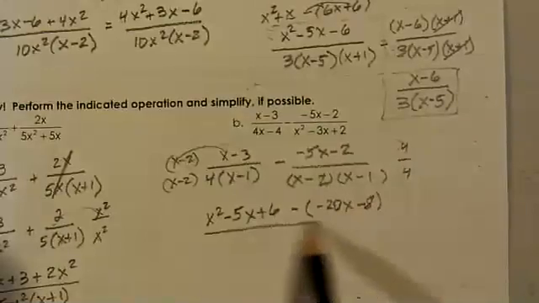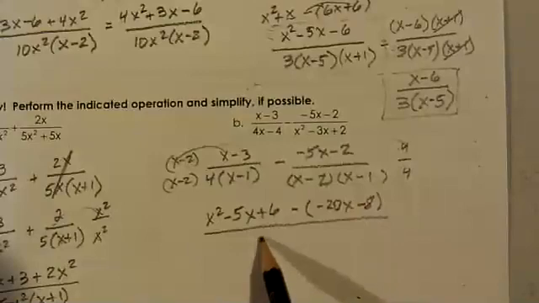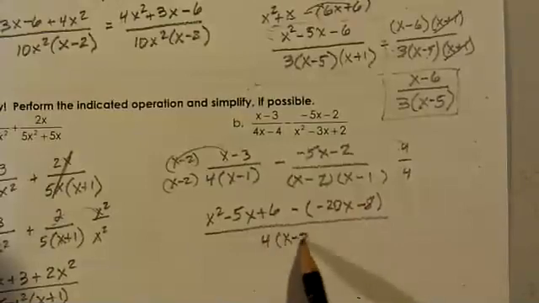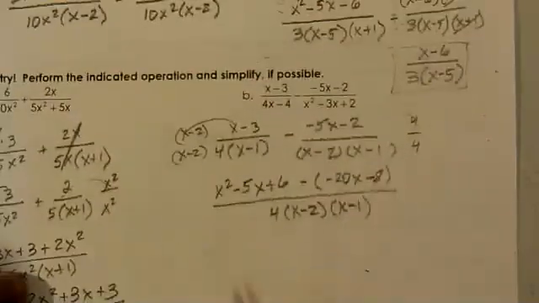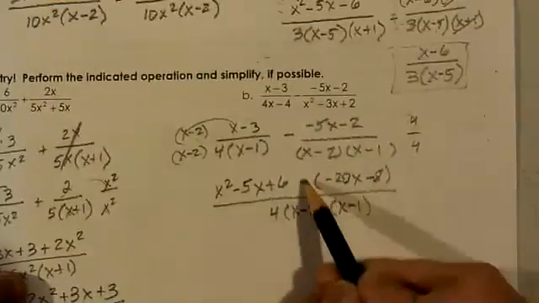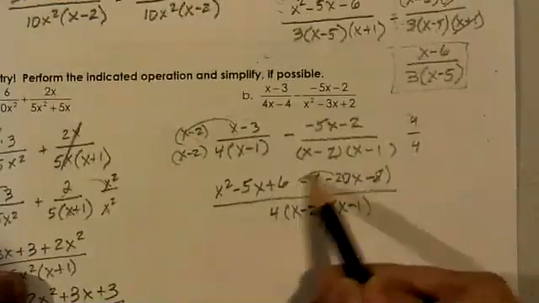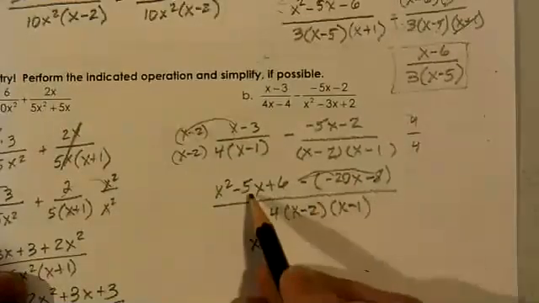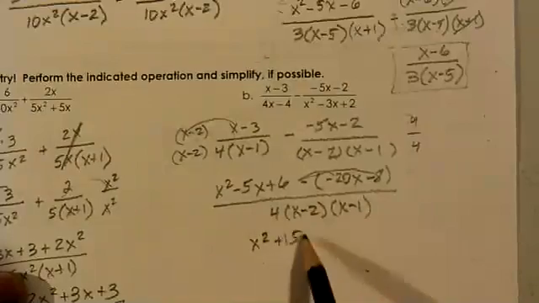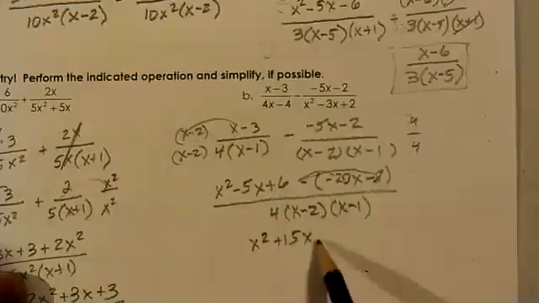And that's all over our common denominator of 4, x minus 2, x minus 1. All right, this is a positive 20 and a positive 8. X squared, positive 20 would give us 15x, and a positive 8 would give us 14.